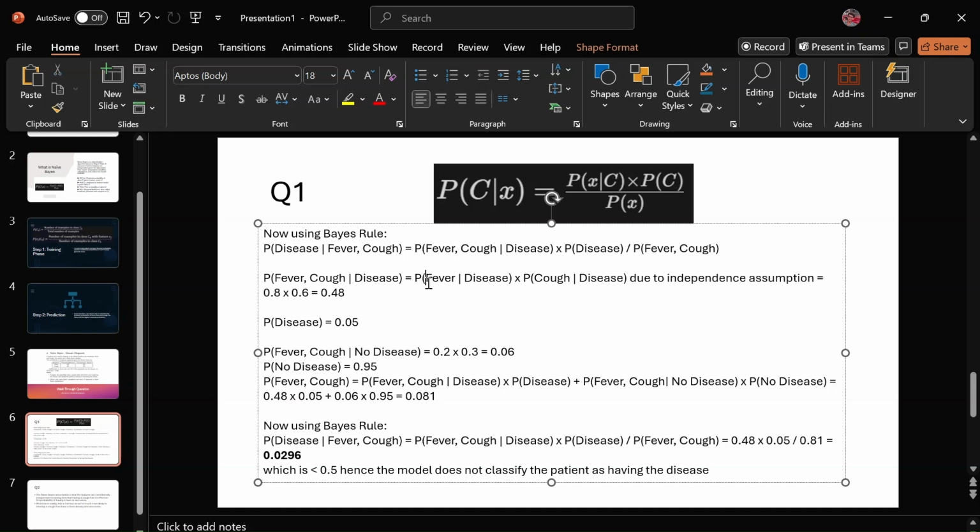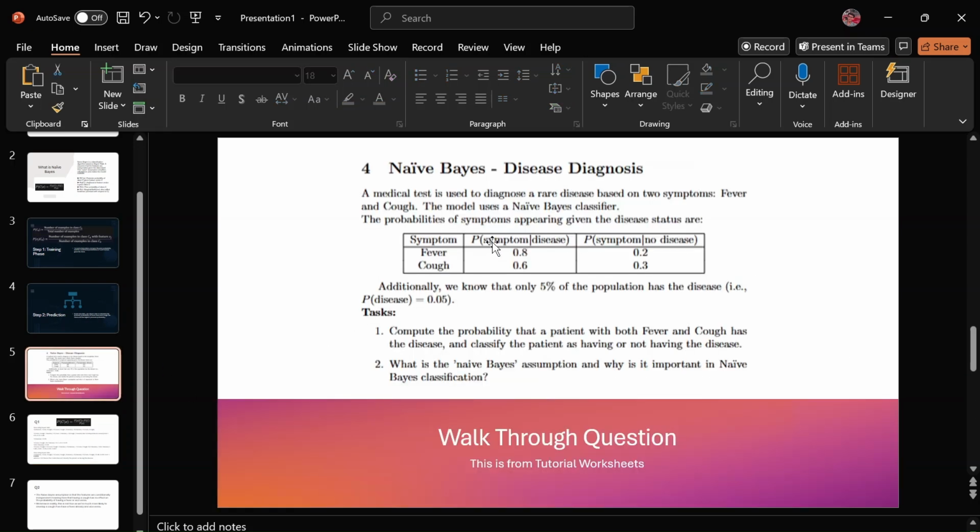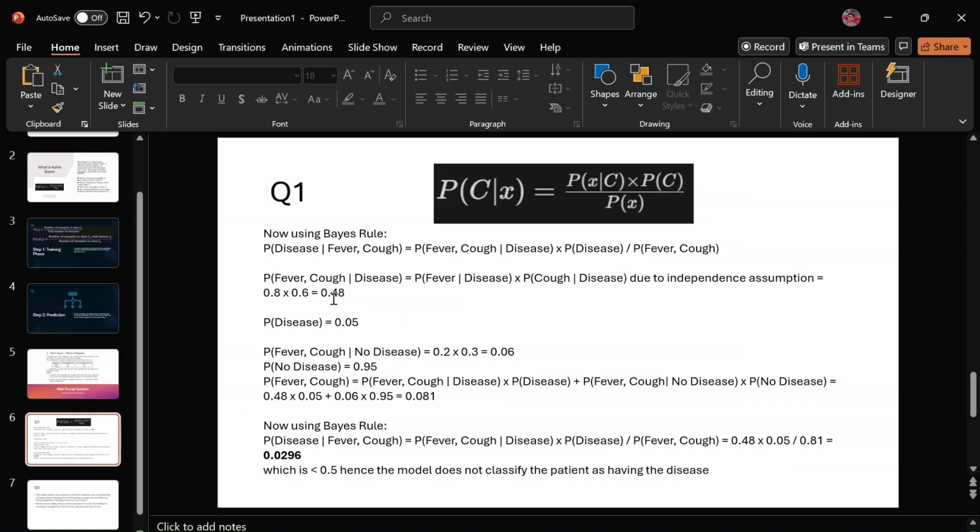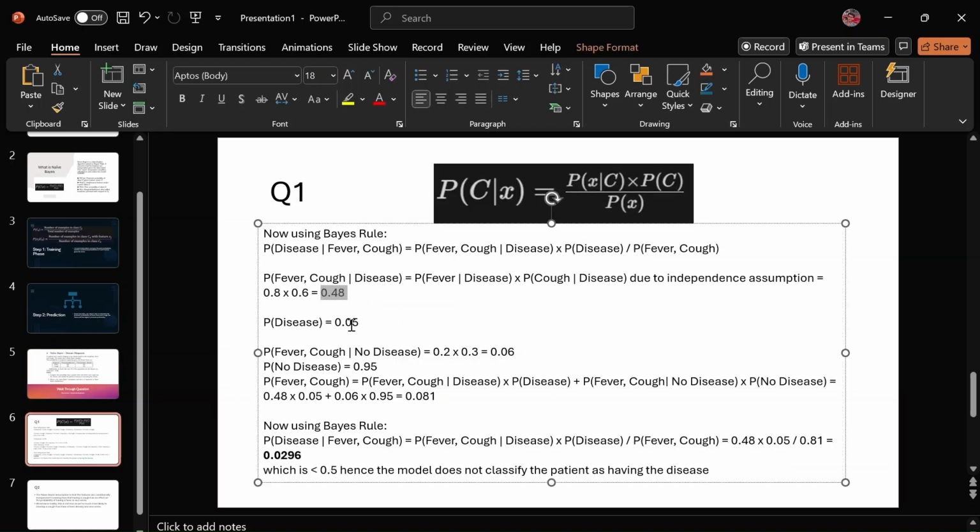If they weren't independent, you wouldn't be able to do this, since they would be conditionally dependent on each other. But if you go back to the table, given that they have the disease, the probability of fever is 0.8, the probability of cough is 0.6. So if you multiply them together, you get 0.48, and bam, you have the first term.